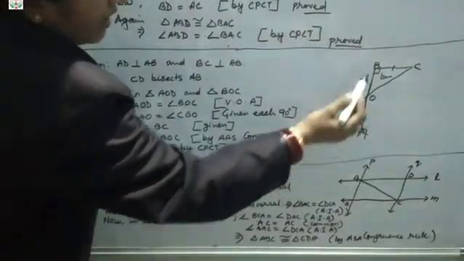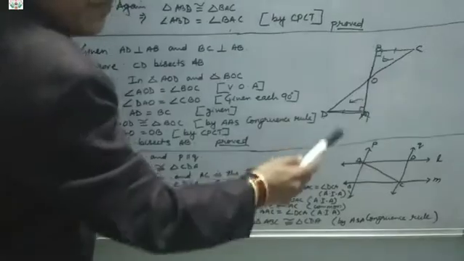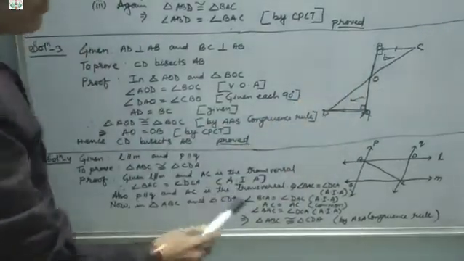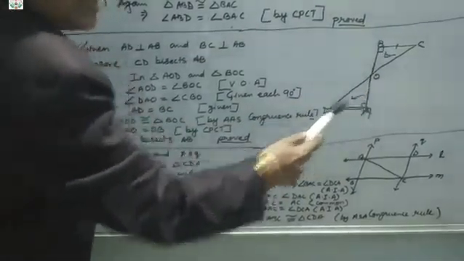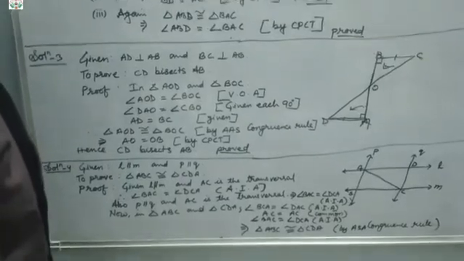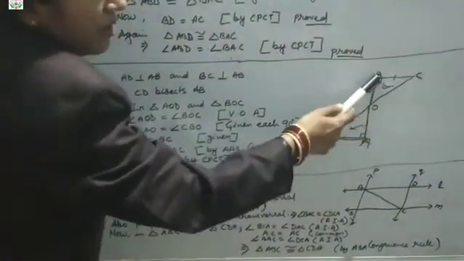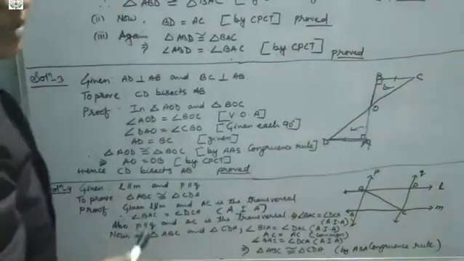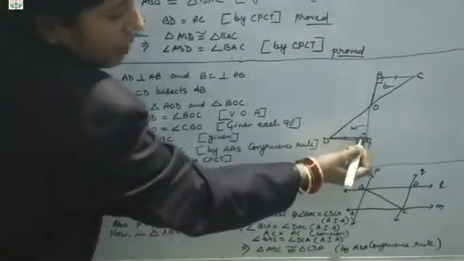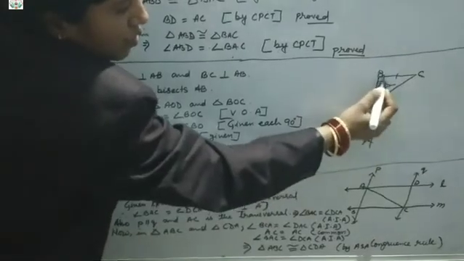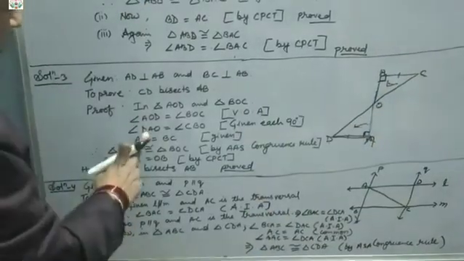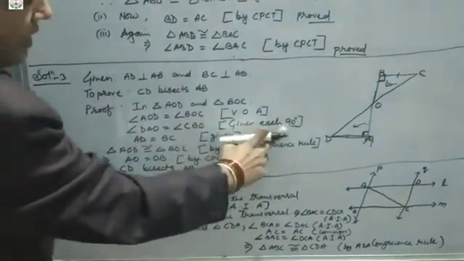In triangle AOD and triangle BOC, in these two triangles, this is 90 degrees, it is given in the question because they are perpendicular. BA is perpendicular and BC is perpendicular on this line. So perpendicular means 90 degrees, we know. So this angle is equal to this angle. Okay. That is each 90 degrees.